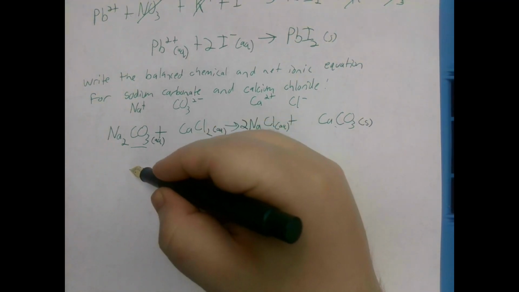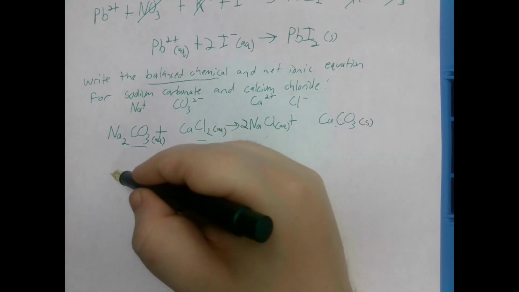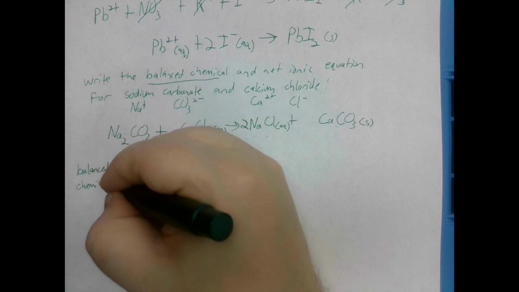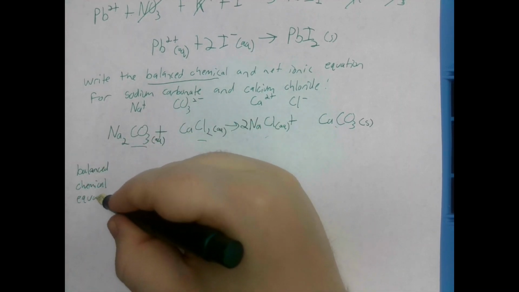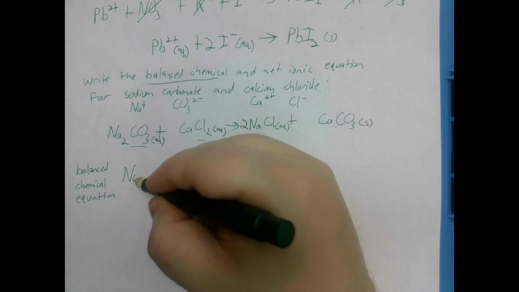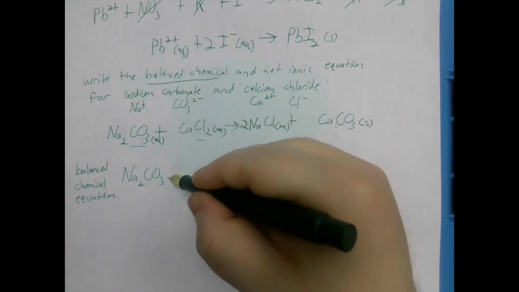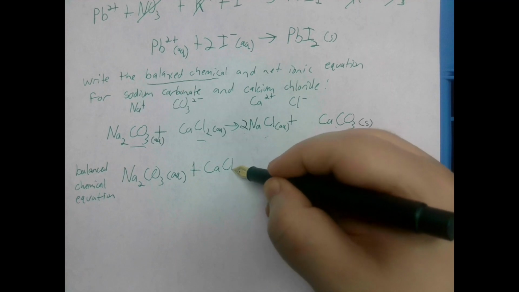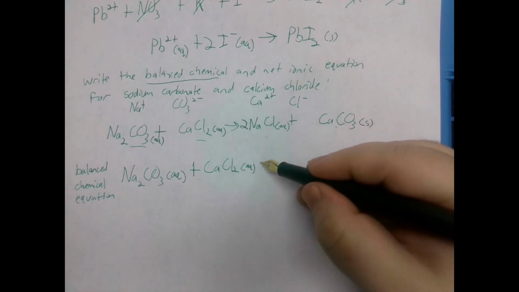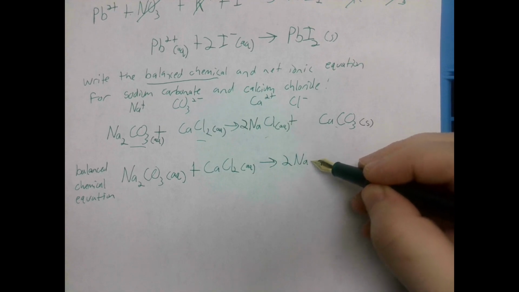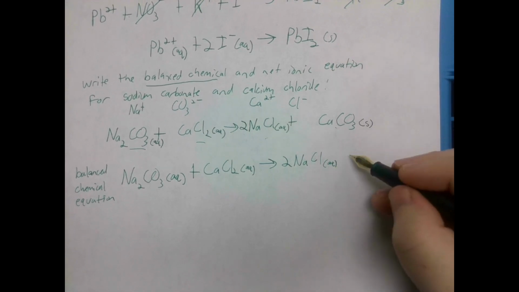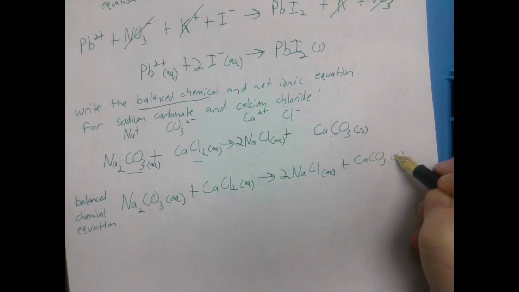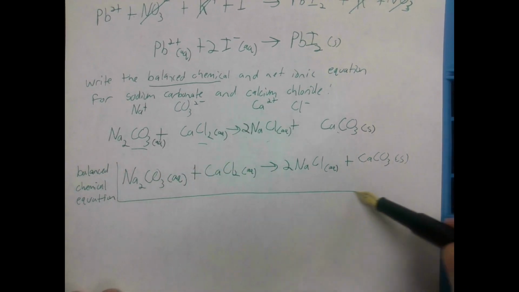So our overall balanced chemical equation is Na2CO3 plus CaCl2 gives CaCO3 plus 2NaCl. So that's our balanced chemical equation.